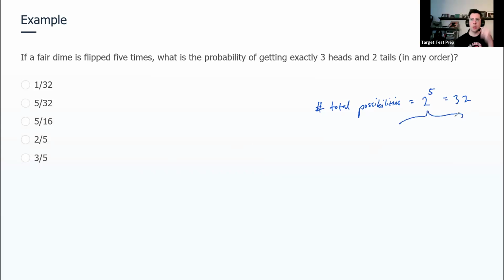Each time we flip a coin, one of two things could happen. If we're just counting up total possible outcomes, we flip a coin, 2 things could happen. We flip again, 2 things could happen again, and again, and again. So that happens 5 times. So the total possible number of outcomes is 32.